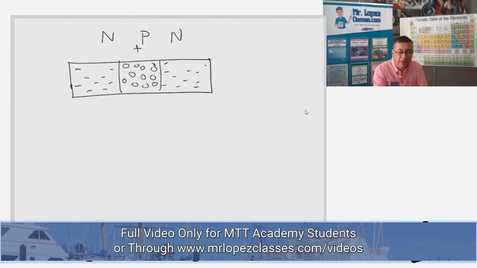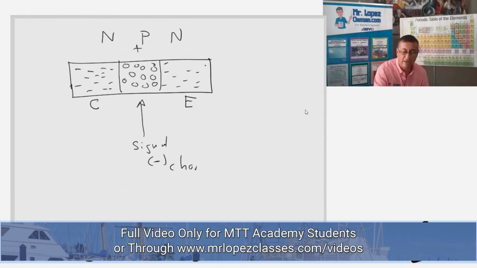In this moment, we are going to call that section the collector and that section the emitter. The amount of electrons located in the collector area and the amount of electrons located in the emitter area are not connected, because in between both of them there are too many holes.